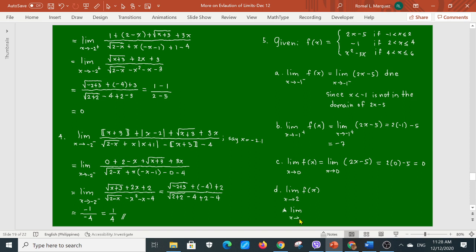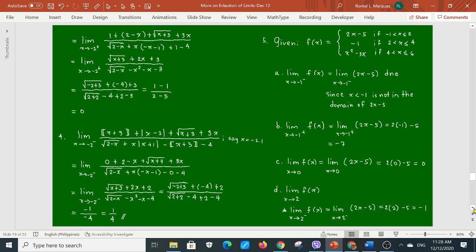So, let's check first from the left. From the left, f of x is equal to 2x minus 5. So that is 2 times 2 minus 5, negative 1. So that's the limit from the left.